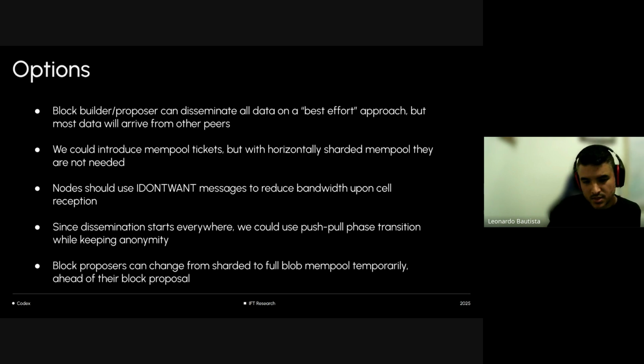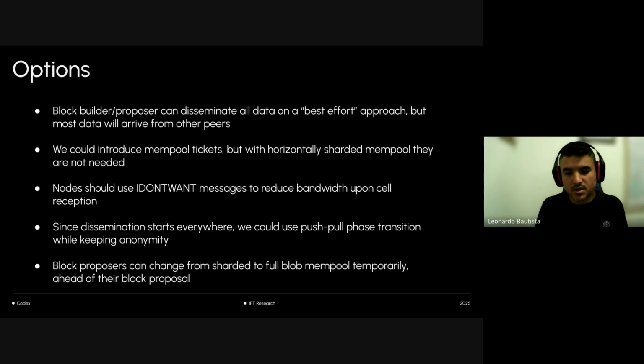That's true. But what you could do is that when you know that you have to propose a block, you know that in advance, at least one epoch in advance, so you have a few minutes to say, okay, I'm going to change my behavior for 2 epochs or whatever, and I'm going to start downloading all the blobs.